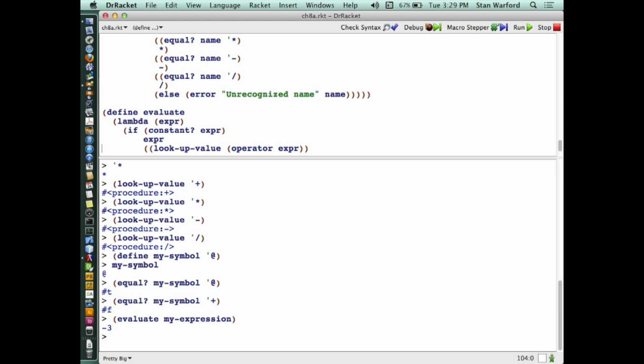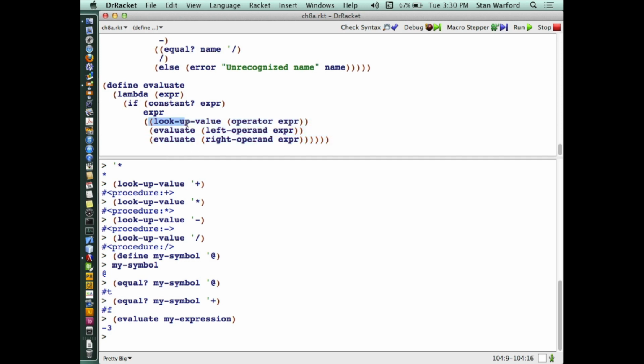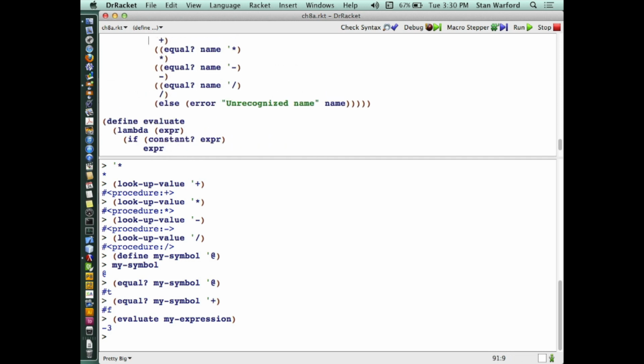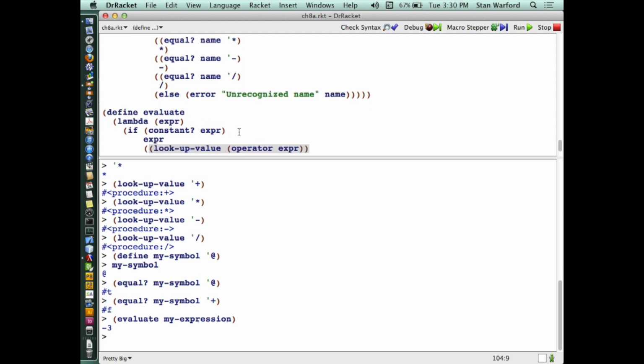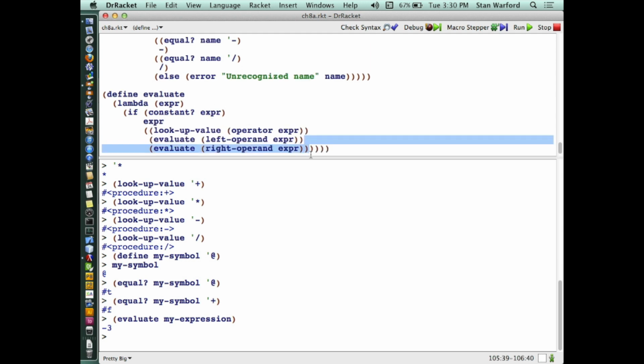So we look up the value of the operator of expression, and that returns the function, and that function is what goes... Oh shoot! Now I just spoiled it. Darn it, did it again. Well, there it is. Well, you guys know what it is anyway.